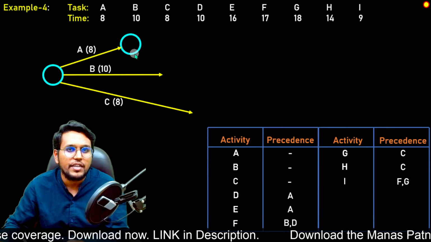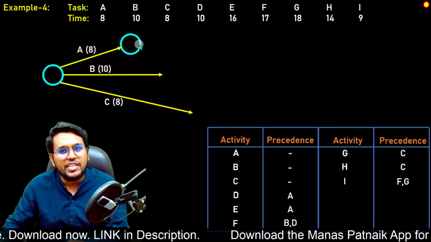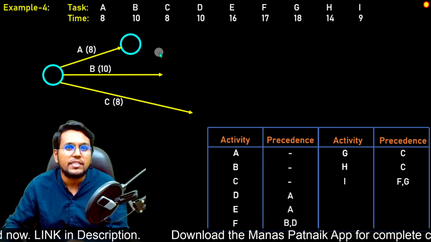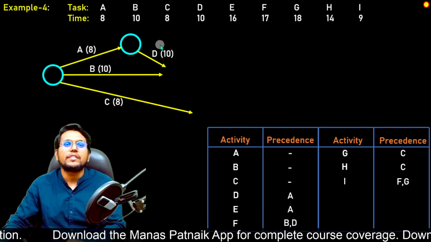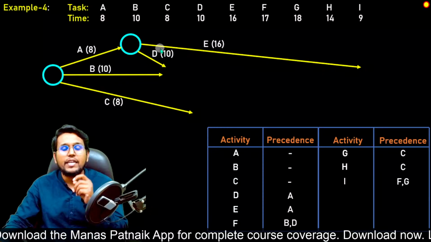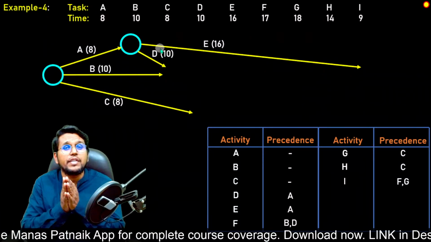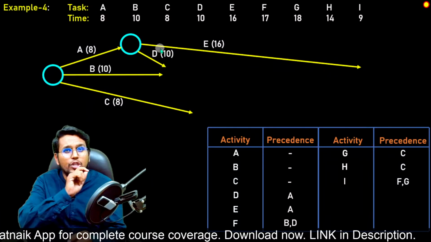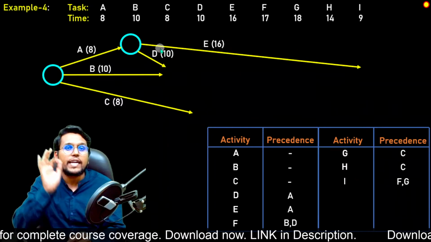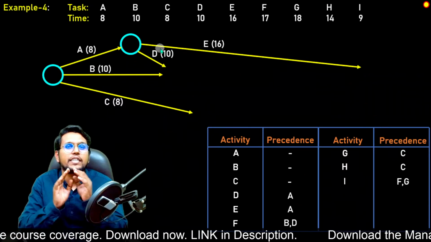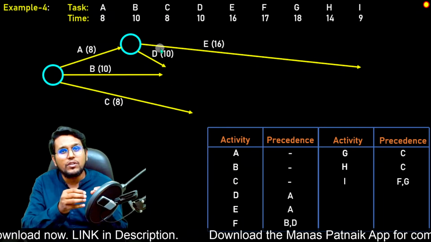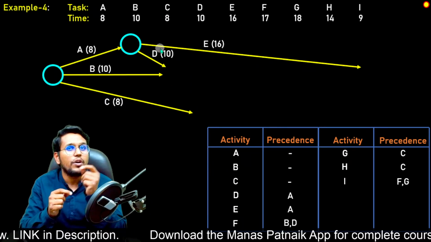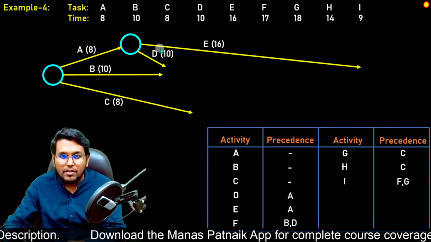That means activity A ends, and from here we can start activity D and activity E. Again, I should remind you that whenever we are drawing an activity, we should not immediately conclude it. We should leave the activity open, and only when we feel that we need to conclude should we end the activity.